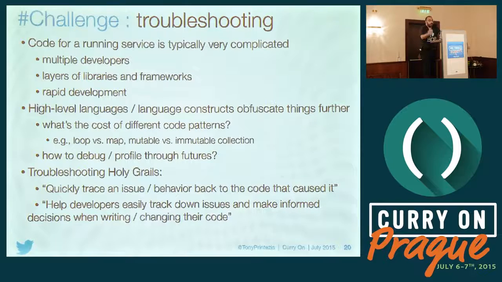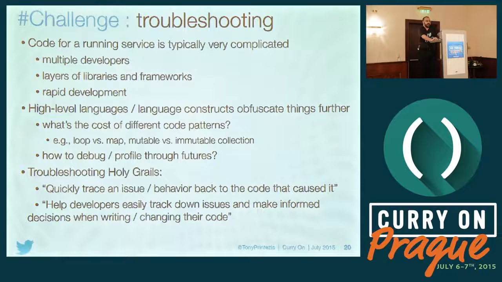So the troubleshooting nirvana would be that you see some issue in production, and you can very quickly say, okay, it was that library that is getting the allocations wrong and allocating byte arrays 10 times larger or something like that. That's really important because a lot of the time we spend a lot of time trying to get to the bottom of why this behavior is happening now and was not happening before.